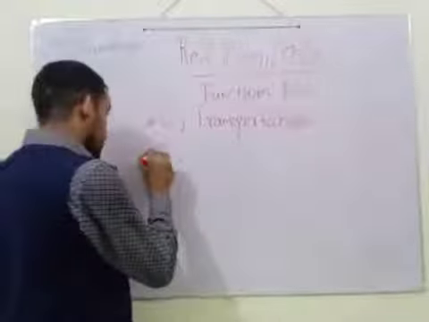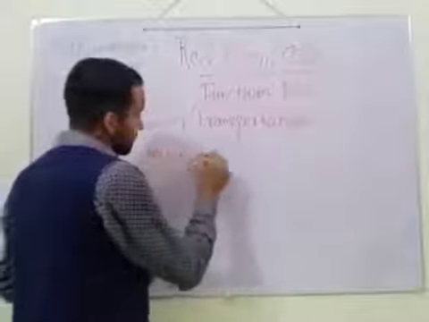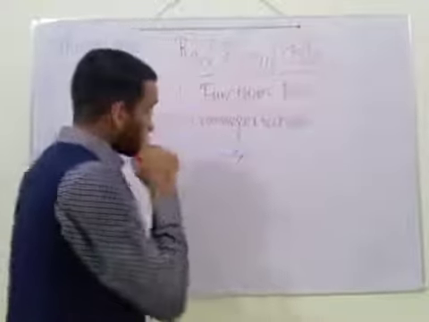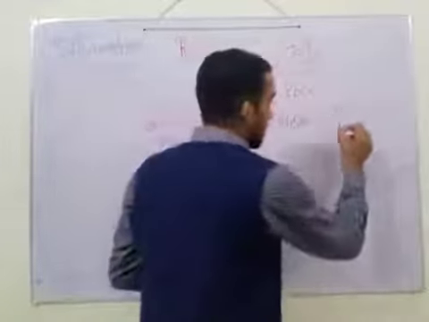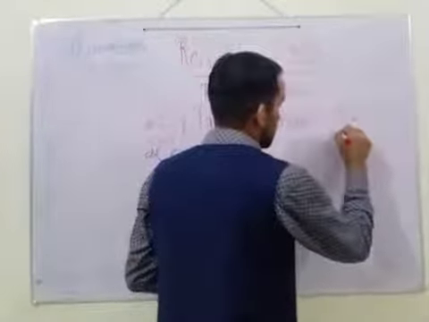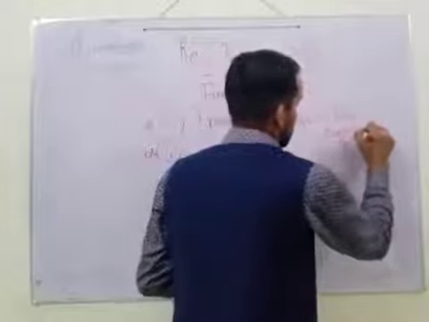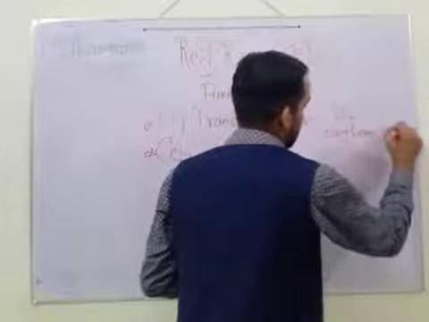Number second is CO2 transportation. Hb combines with O2 to make oxyhemoglobin.